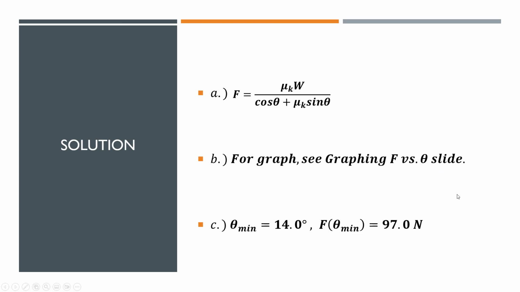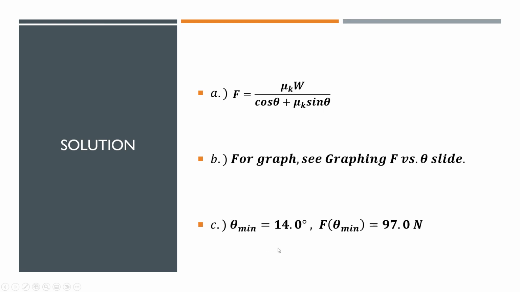Not really much room to put it here. And finally, for Part C, we set the first derivative of f equal to 0 and solved for the angle, and this was the critical angle that resulted in the minimal force, which is why I'm calling it theta min.